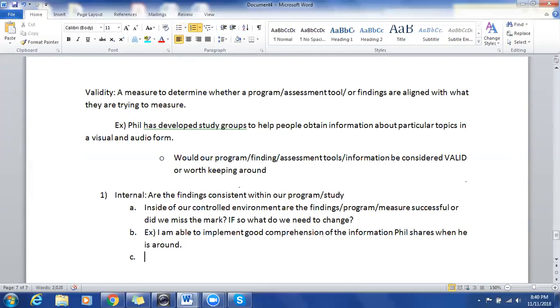Another example, when I am inside of my dance class, I am able to perform the desired moves. So it'd be valid if I'm able to do so. If whenever you're in my study group and it makes less sense than it did before, then I don't have validity. Or if you're in a dance class with somebody and they're teaching you something and you're not able to do it while they're around, their class may not be valid or their teaching style for you may not be valid.